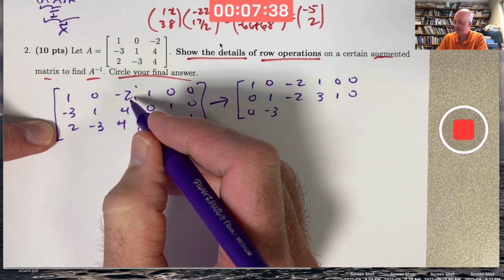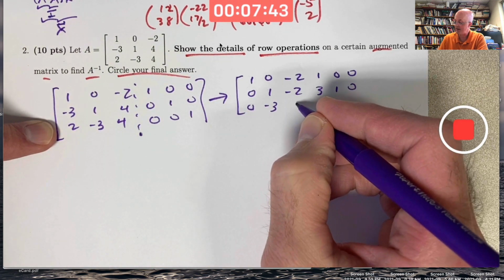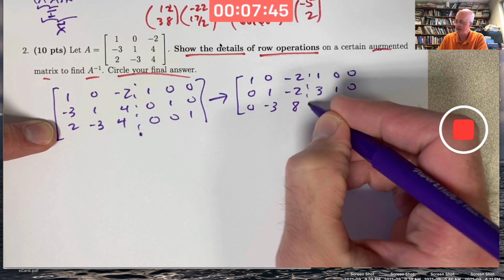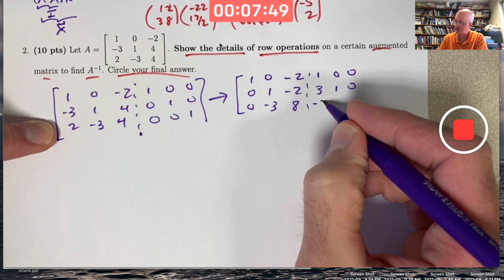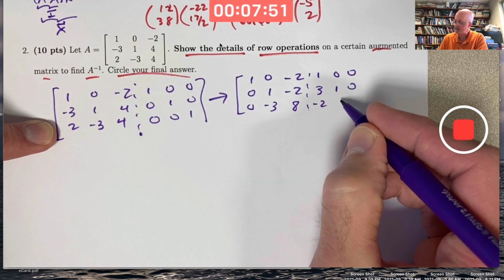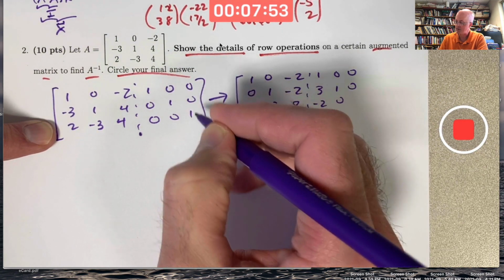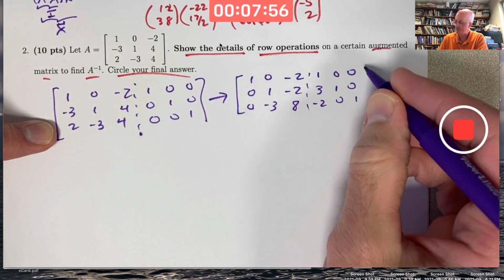Negative 2 times negative 2 is positive 4. Add 4, and that gives me positive 8. Keep going. 1 times negative 2 is negative 2, plus 0 is negative 2. This still gives me a 0, and 0 times negative 2 is 0, plus 1 is still a 1.